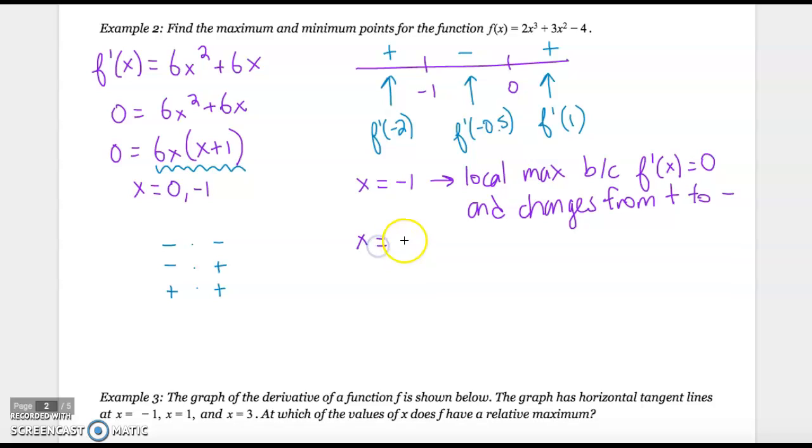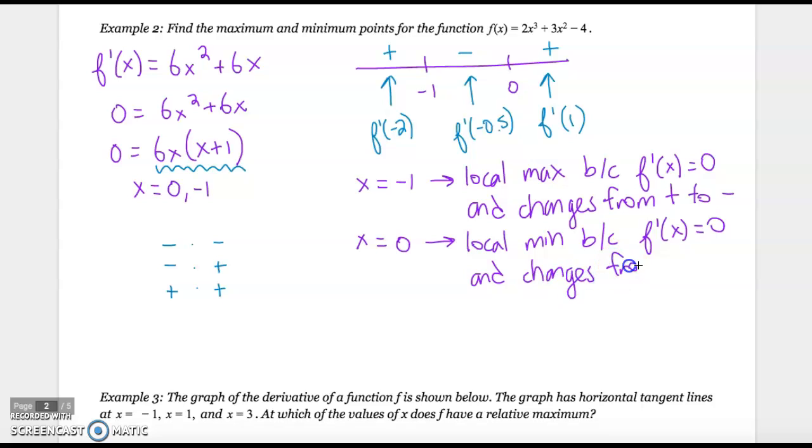At x equals 0, we have a local min because f prime of x equals 0 and changes from negative to positive.